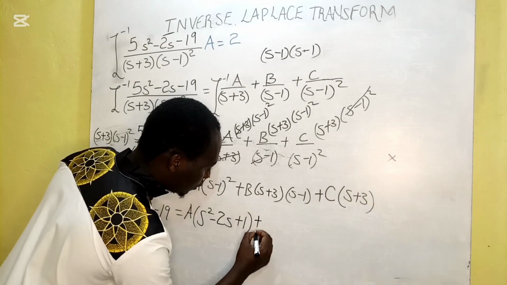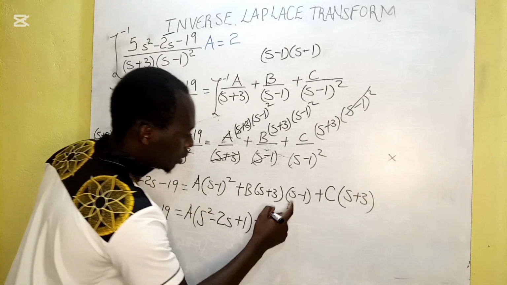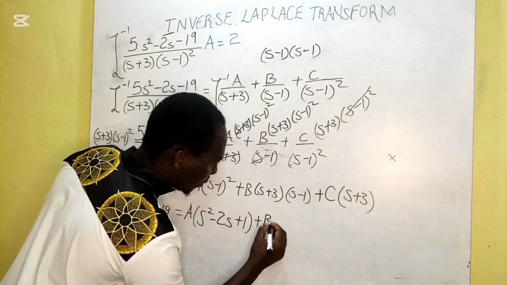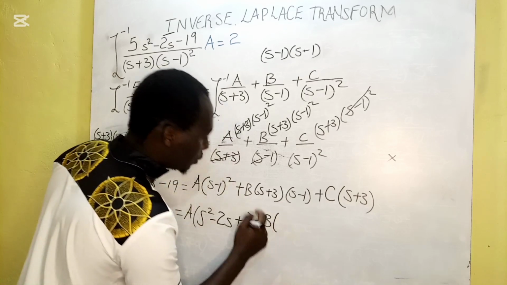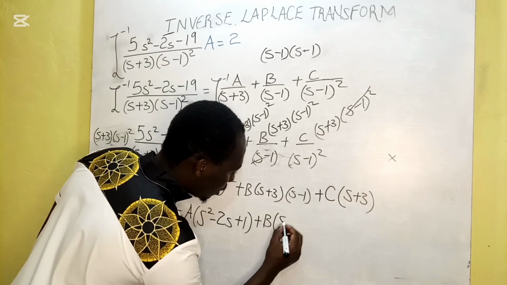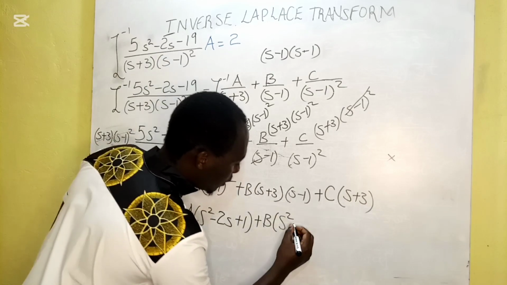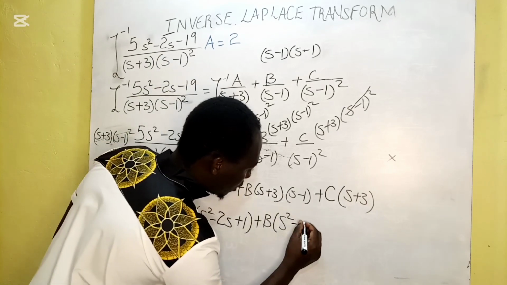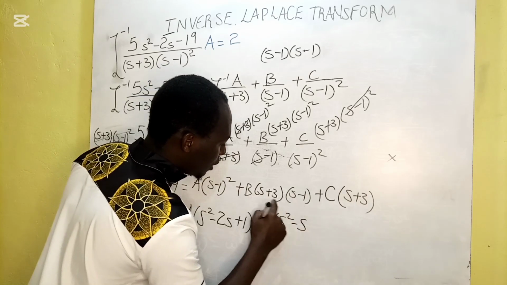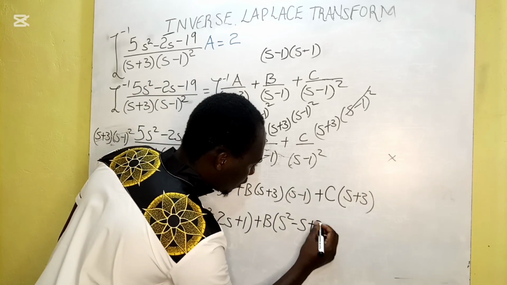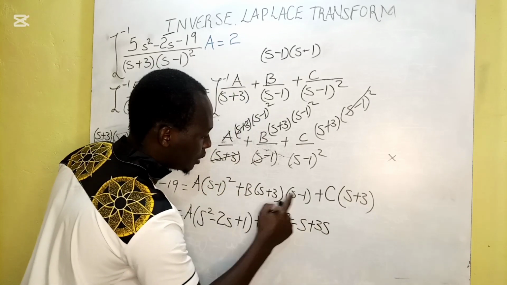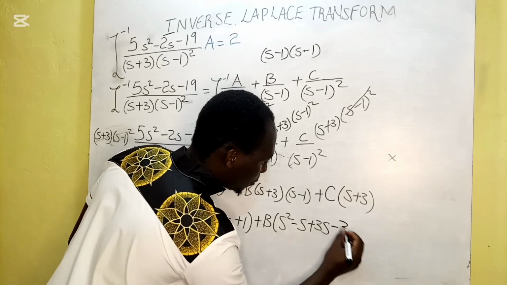We come and add B into, here we are going to have s², s multiplied by s, we subtract s, we add 3s, and then we subtract 3.